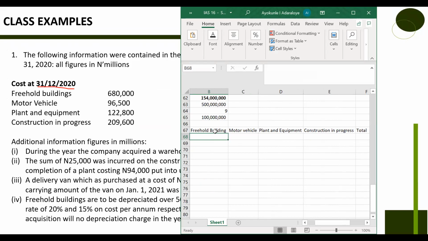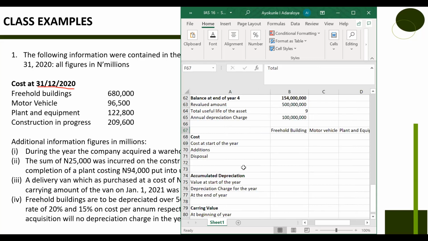So this is the table: freehold building, motor vehicle, plant and equipment, construction in progress. Then we have our total. What is the cost at the start of the year when they gave us all this information? It said 680,000 for freehold.